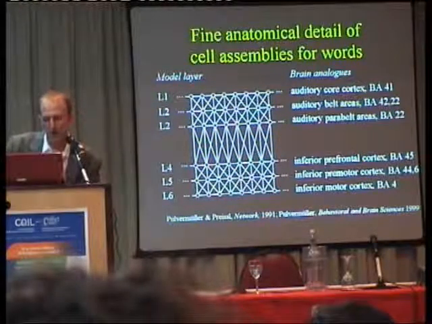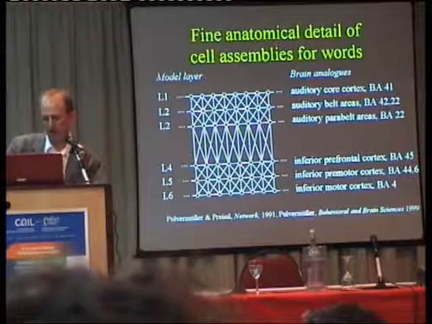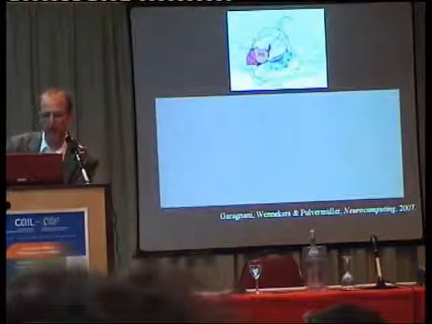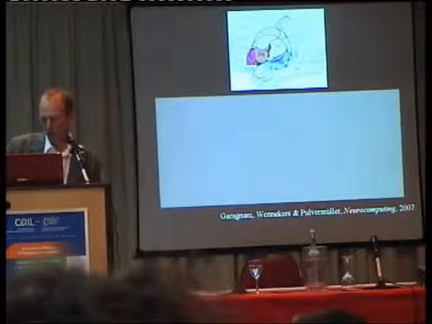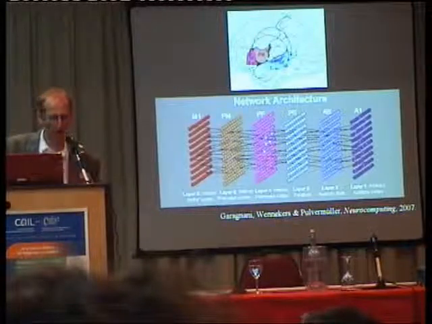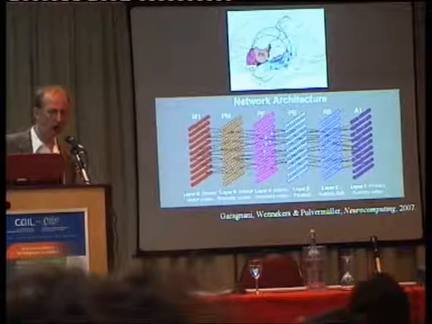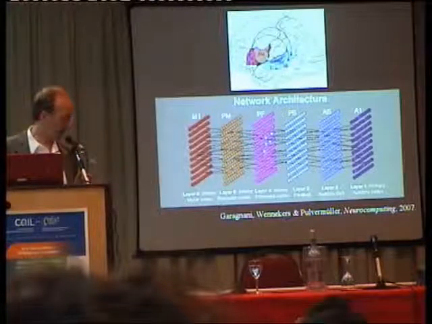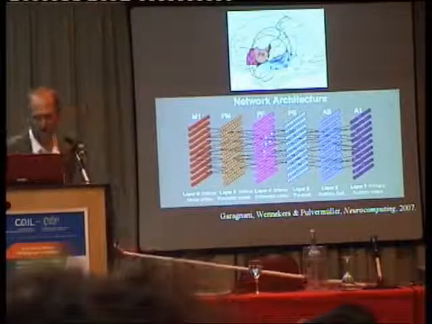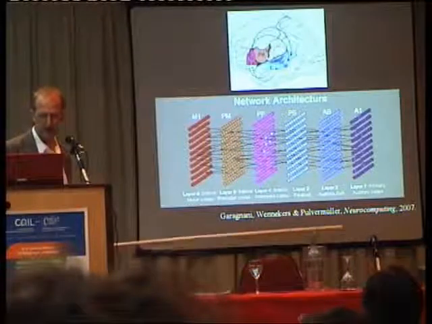Now we can turn this knowledge about cortical connectivity in a neuronal model and actually have it learn word representations in order to simulate what our predictions on cortical activations might be if we understand and if we produce words. And this is now the work by Max Garagnani.